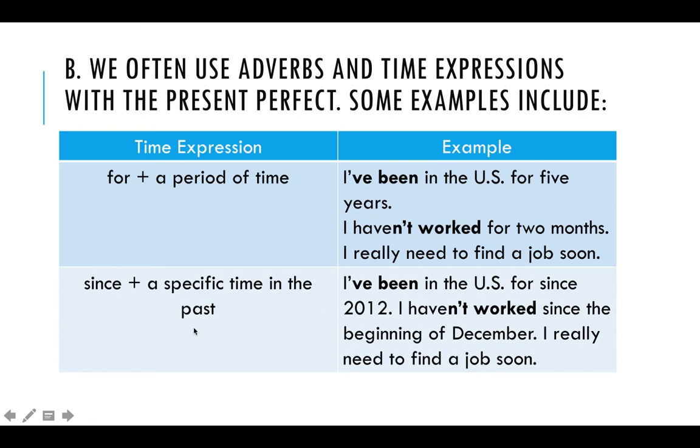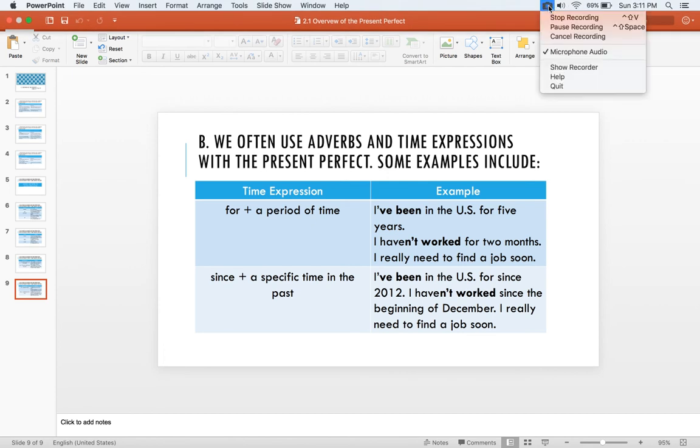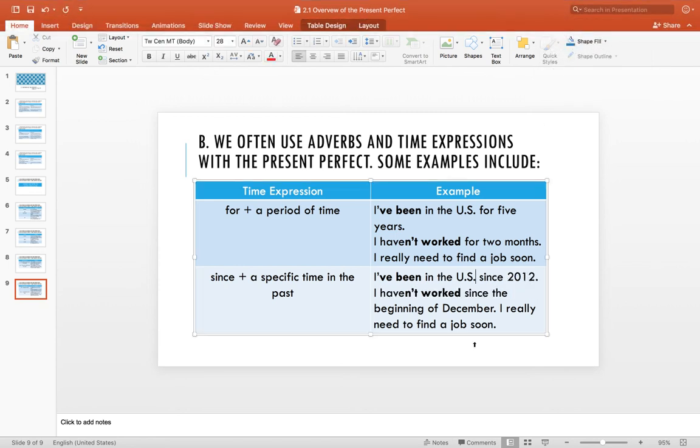But when I use since, I'm talking about specific times in the past. I've been in the U.S., since, hold on a minute. I saw a mistake that I had to fix. Okay.